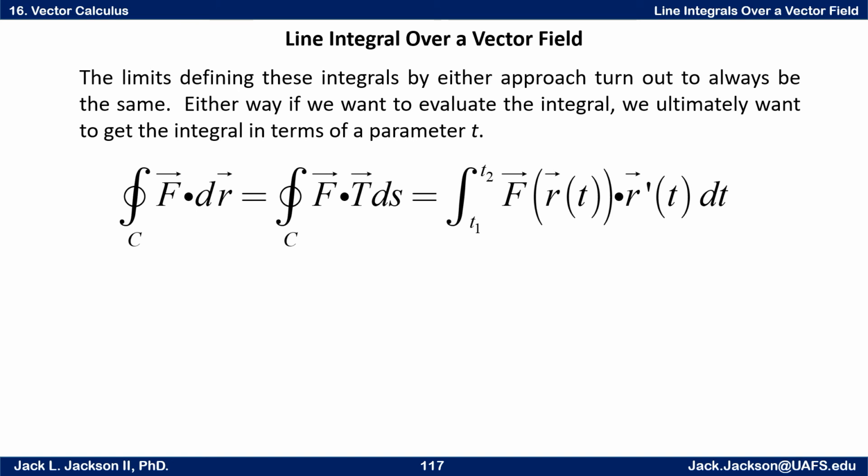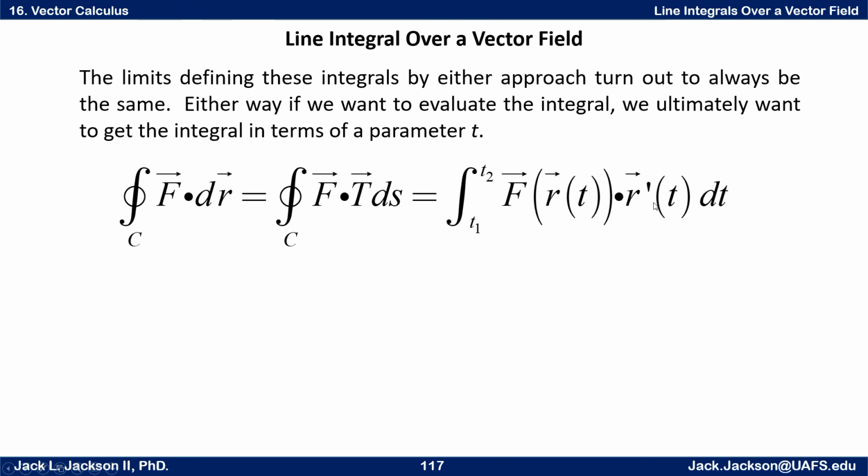Ultimately, if you want to compute these, the idea is to get them in terms of a parameter t, so we can turn it back into a calculus 1 or calculus 2 integral. This is just an integral of a real valued function, a single variable integral. The f is f of r of t, so f, which might be given in terms of x and y, you ultimately get in terms of t, and it'll be a vector.